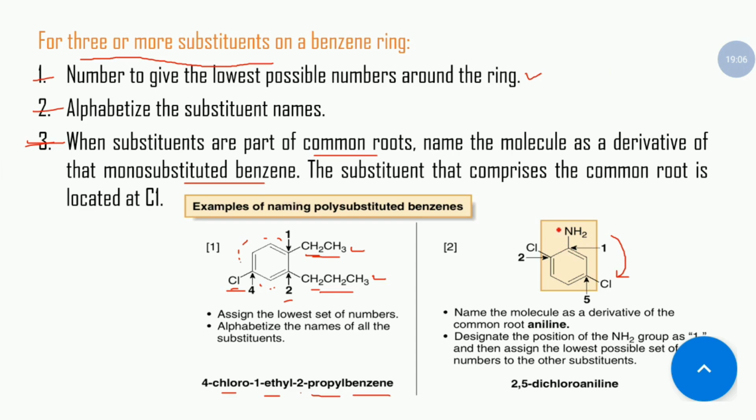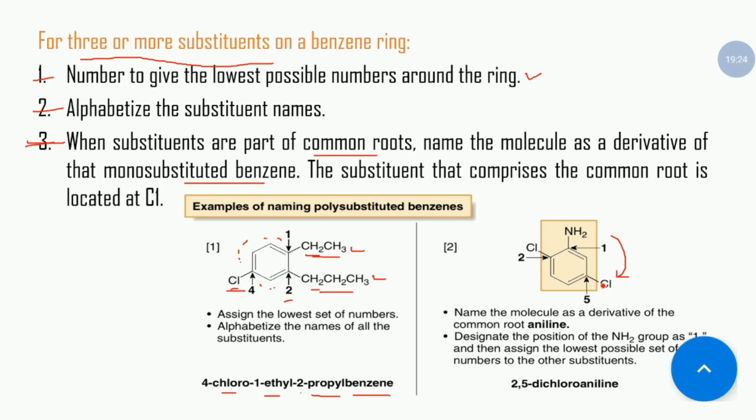From this side you have 1 2 3 4 5, so this one is shorter, so you put the names according to the shortest or the lowest number possible around the ring. So this one is correct, 1 2 3 4 5.